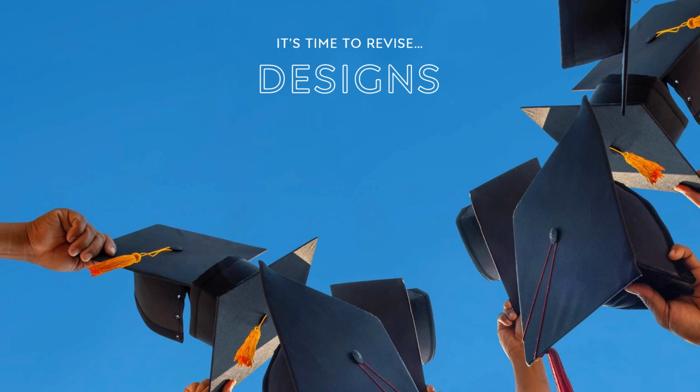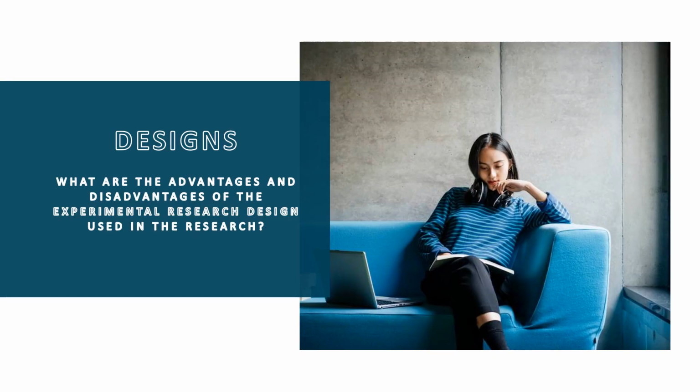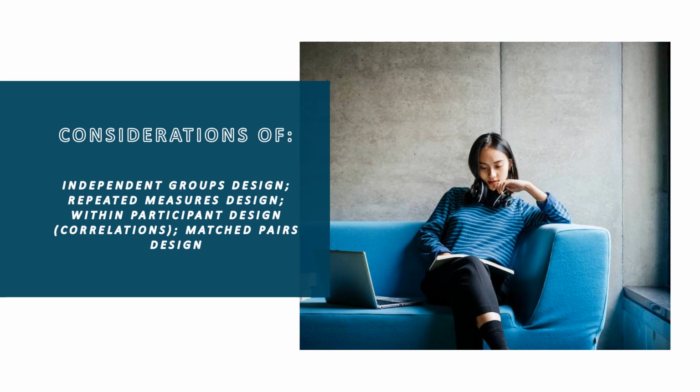So in this short revision guide, we are going to be looking at the use of different experimental research designs. When we look at designs, we are looking at the advantages and disadvantages of the chosen experimental research design that's been used within the study by the researcher. So this includes considerations of the use of independent groups designs, where two or more independent groups take part in each condition of the IV.